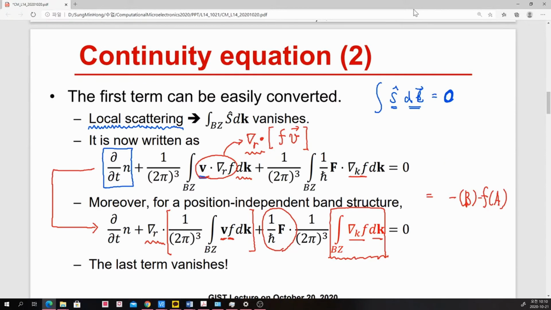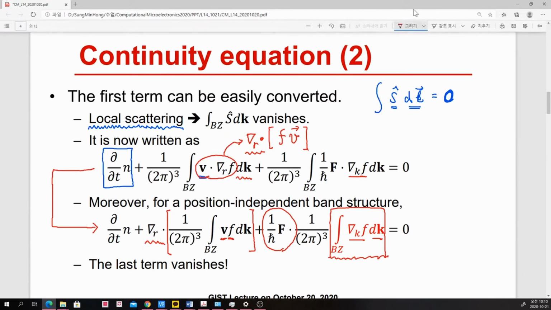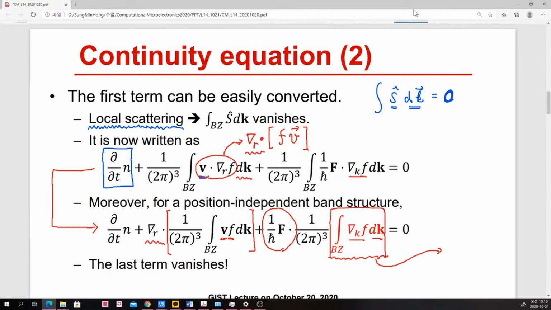Quite similarly, although this is not one-dimensional integration but three-dimensional triple integration, you can easily understand that by performing this integration, you need the values at the zone boundary. So the distribution function when your K value is quite large.